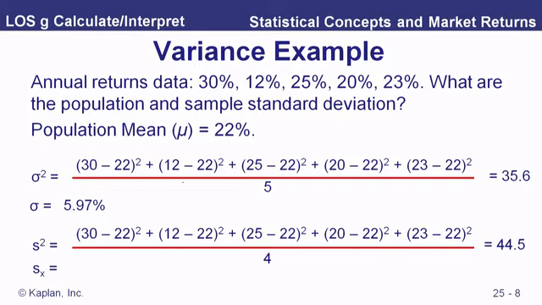And that would give us a variance of 44.5 and a standard deviation equal to the square root of that, 6.67%. And notice that that sample standard deviation is greater than the population standard deviation because we've divided by a smaller number.